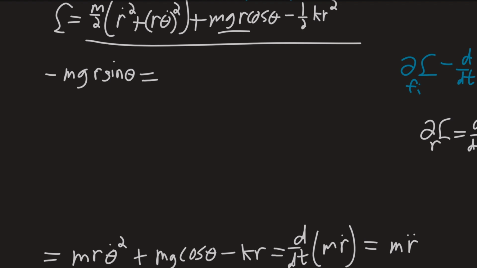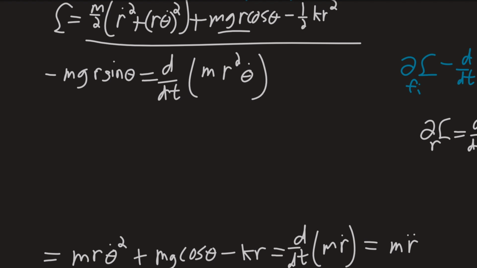Which is equal to the time derivative of the same thing, but we're differentiating now with respect to theta dot. Meaning that we just have an m times r squared theta dot.